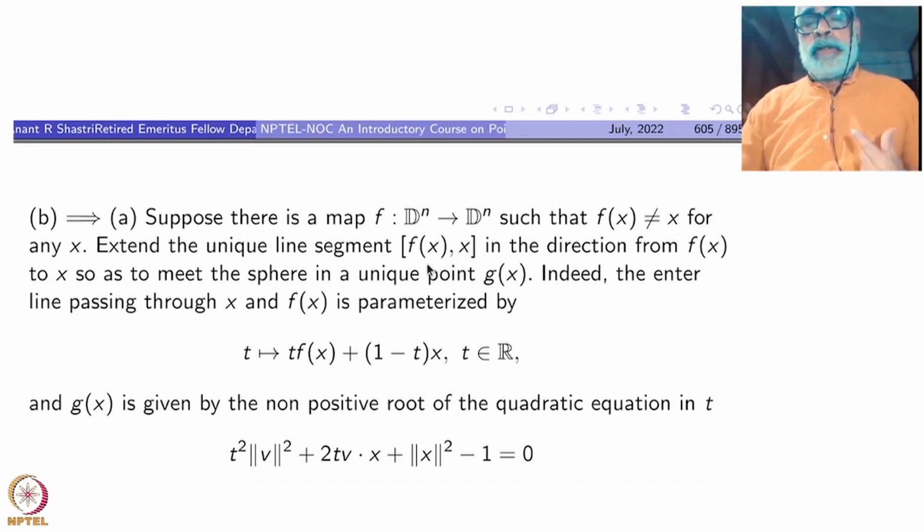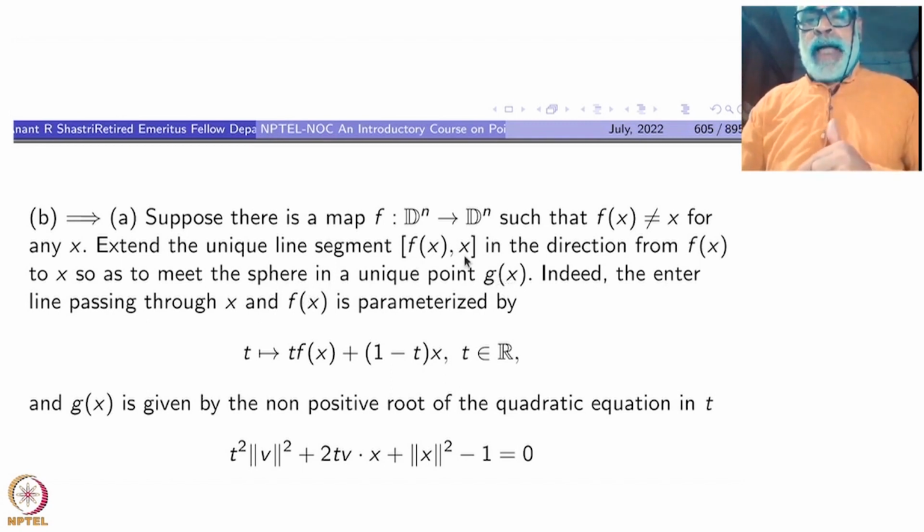But you take this line segment and extend it in the direction from fx to x, so that whatever point you get should be on the sphere. So you will get a unique point. So why does this make sense?